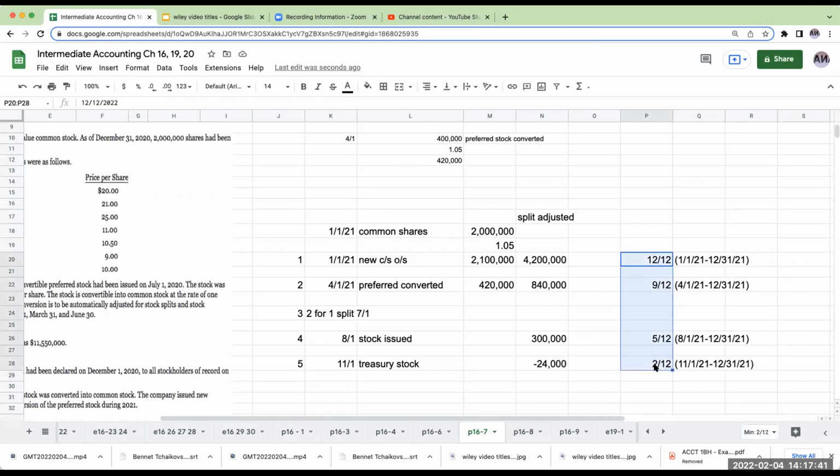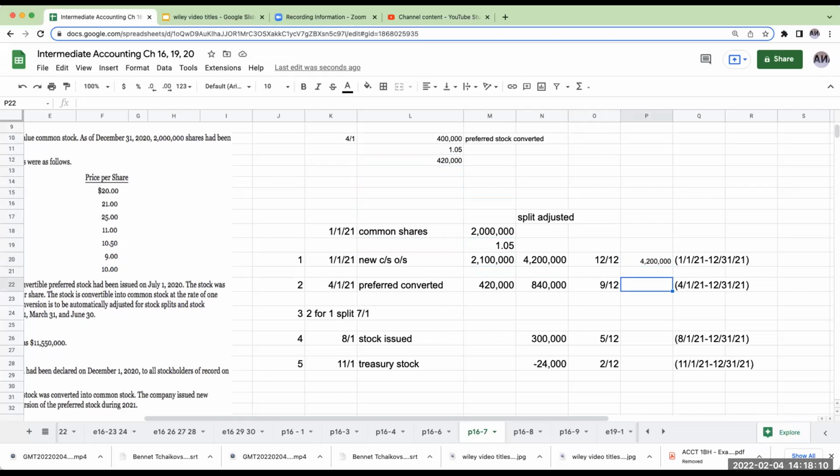So for this, what we're going to do is multiply our shares by the length of time they were outstanding. So here, this is going to be 4.2 million. The shares were outstanding the entire 12 months, so it's going to be 4.2 million times 12/12 of 1. The 420,000 shares that were converted from the preferred are also going to be adjusted for the split.